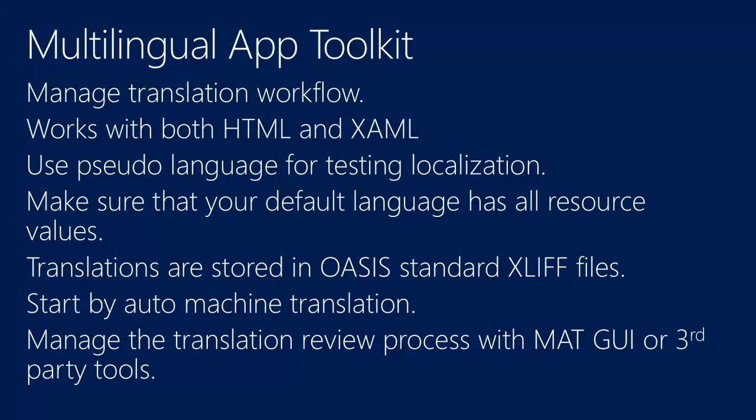Okay. So there is a great tool with the Multilingual App Toolkit also for testing your translation. With Windows 7, we had the pseudo language for testing, which is some language specific for testing.